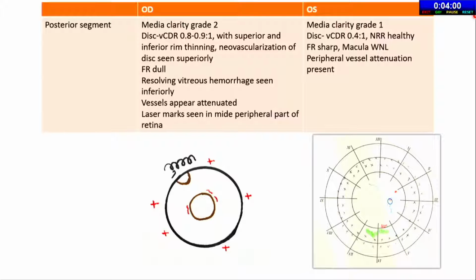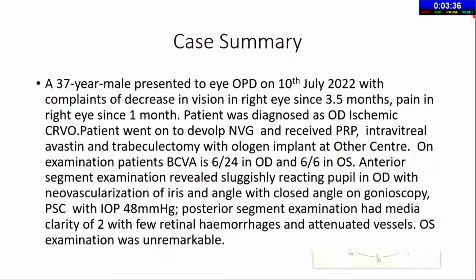Then for the fundus findings, since the patient has NVG, glaucomatous optic disc changes have to be told, and then any other finding like the PRP marks. Since this patient has undergone PRP, laser marks will be there, so you tell that laser marks are there from this area to this area.